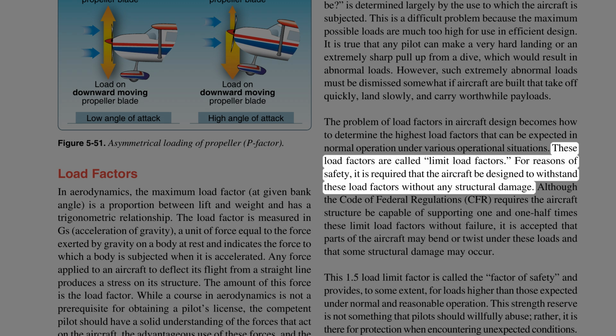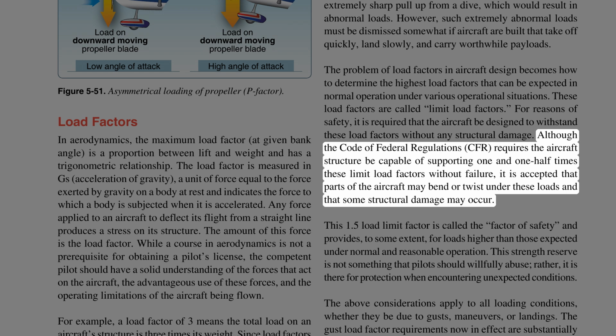For reasons of safety, it is required that the aircraft be designed to withstand these load factors without any structural damage. Although the Code of Federal Regulations, CFR, requires the aircraft structure be capable of supporting 1 1/2 times these limit load factors without failure, it is accepted that parts of the aircraft may bend or twist under these loads and that some structural damage may occur.